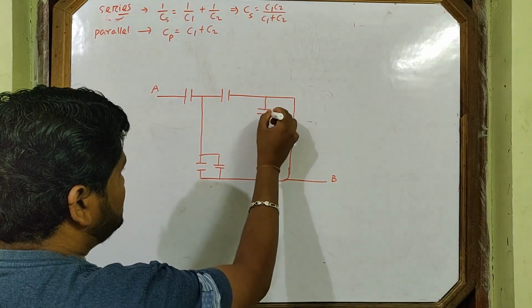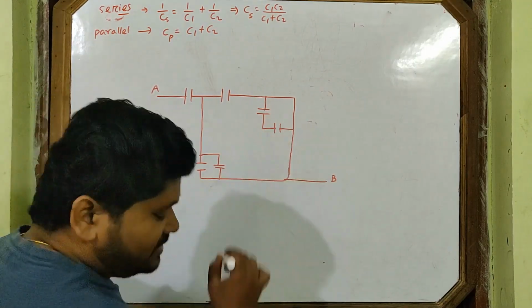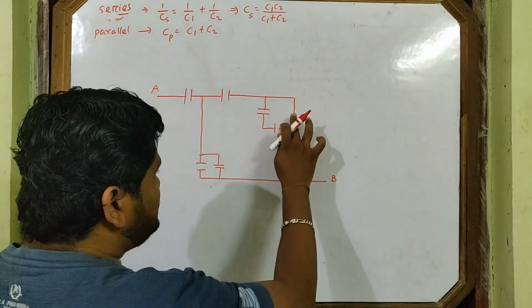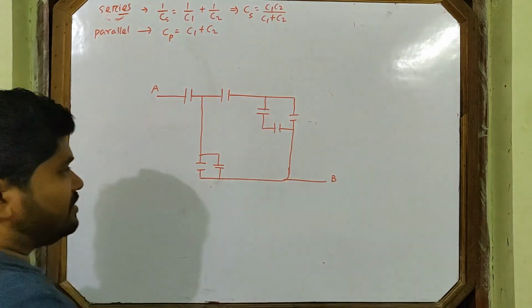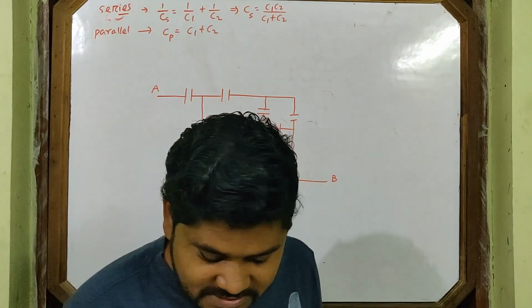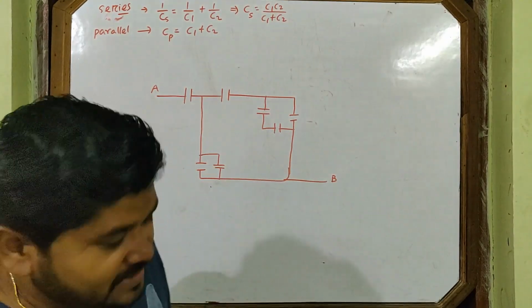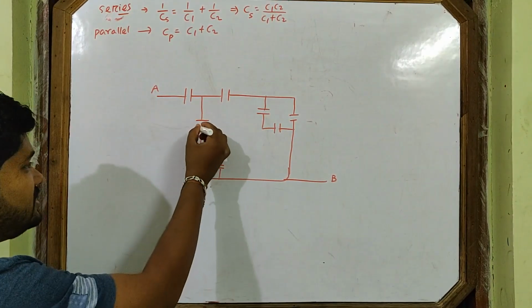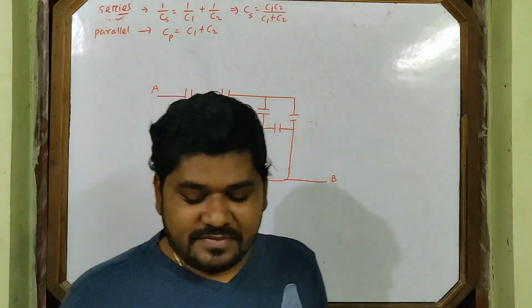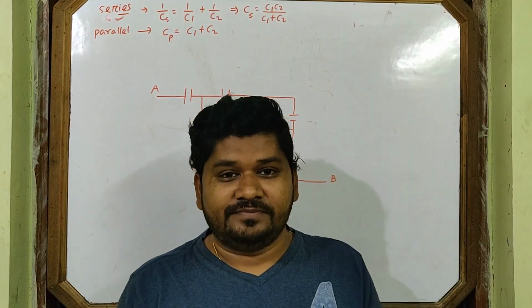One is here, one is here, then here is also one capacitor. So if the circuit is like this, it looks like one complicated circuit. One capacitor is also here, but it's very easy to solve.